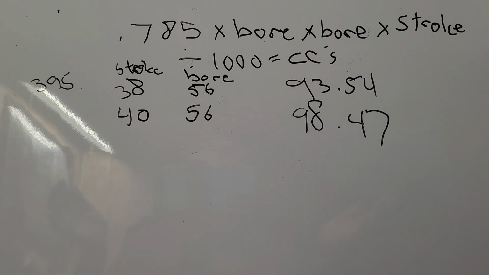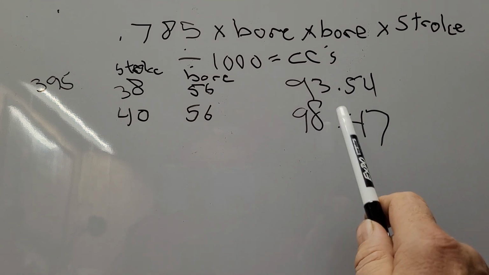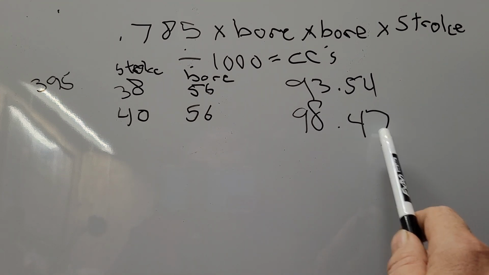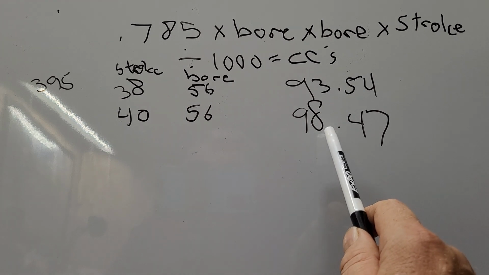It's really fun, but I'm going to warn you, some of this stuff doesn't make the huge gains all by itself that you think it would. We don't have to stop right there with this number, 98.47. That is a substantial gain.